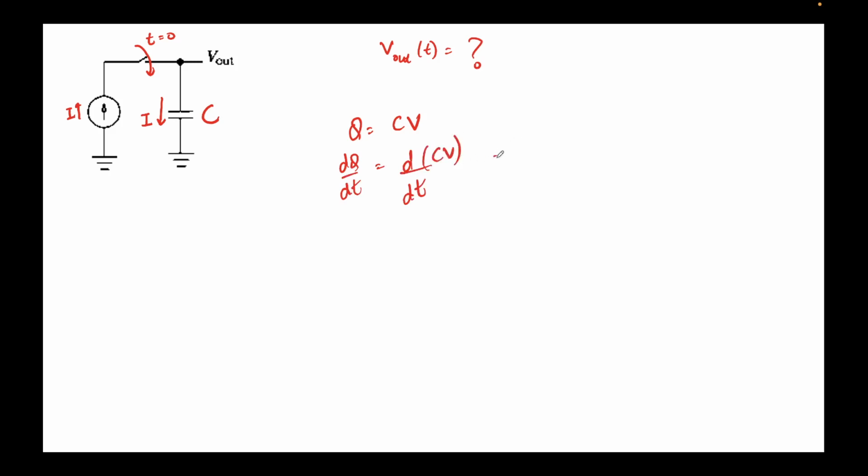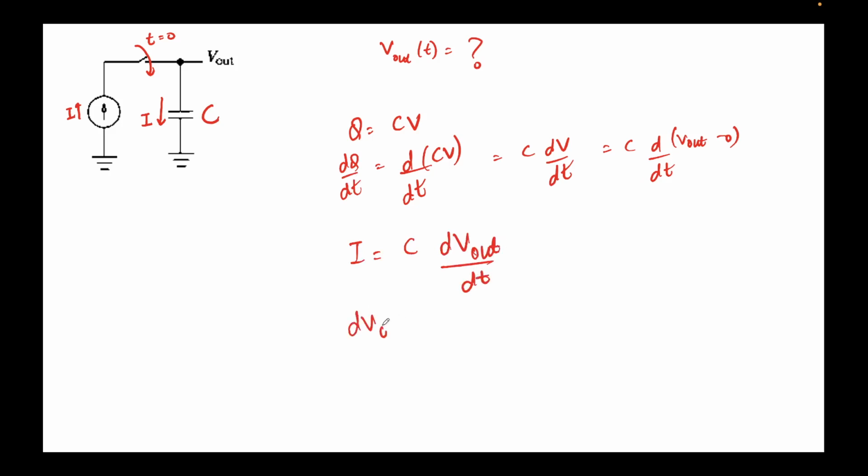C is a constant, we'll assume, so that will come out to be C dV over dt. Now this V is nothing but the voltage across the capacitor, V out minus 0. dq by dt is the current flowing through the capacitor, which is I. So I equals C dV out over dt.